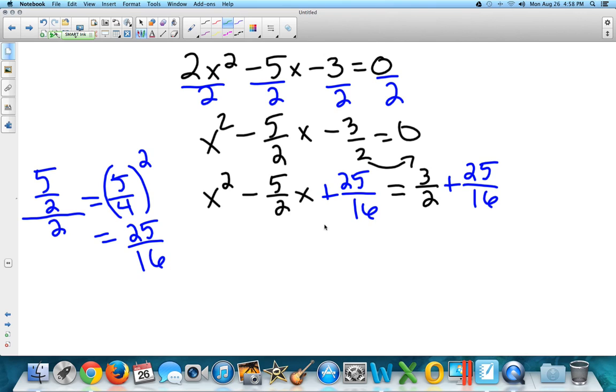Now, I know a lot of people are scared of fractions, and that's okay. What you have to remember about this side is we've created a perfect square trinomial. So all that you need to remember is that you put x, then you put this sign, and then you put half of this, which was 5 over 4.